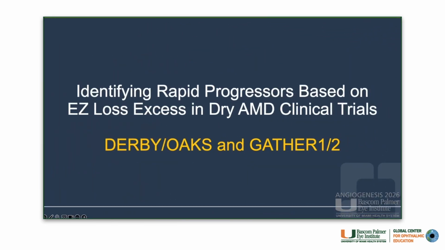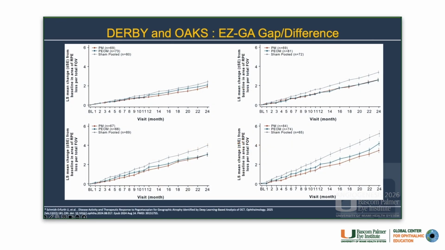One of the things that we've found using these techniques in various clinical trials is that ellipsoid zone loss excess provides important critical information for identifying rapid progressors. This was work done by Ursula Schmidt-Erfurth's team, showing that in Derby and Oaks, when the cohorts were evaluated based on their ellipsoid zone to GA difference, or the gap in ellipsoid zone excess, the highest quartile with the most amount of ellipsoid zone loss excess had a significant increase in GA growth over time.